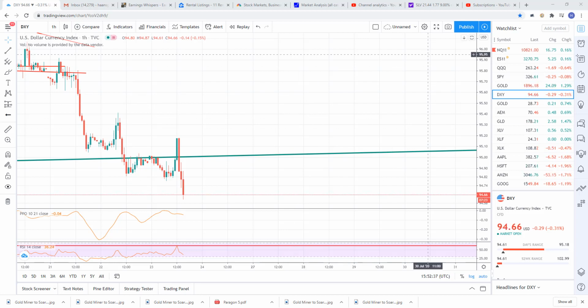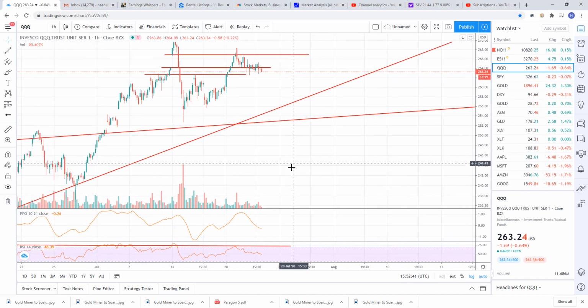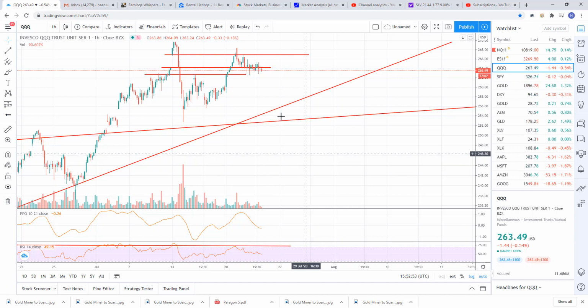What I think is going to happen, and we'll flip over to the Qs and the SPY, is this. I can just sense the setup. I think that they're not going to come out with some sort of a stimulus package, or they can't agree on terms or something. And the stock market's going to make another leg down, a nice impulsive leg down.